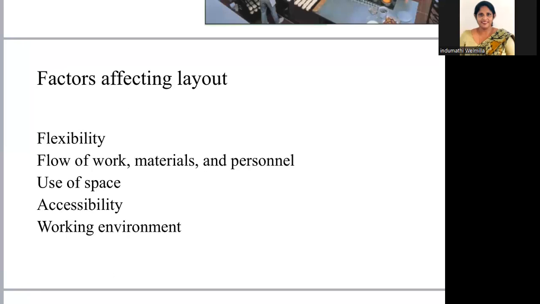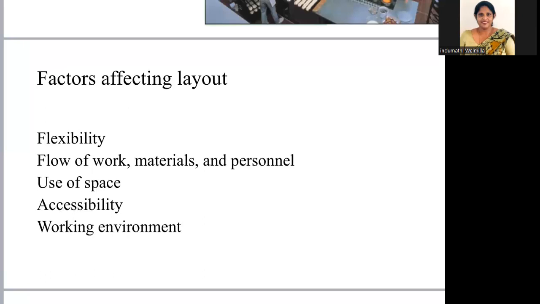Anyway, in a service organization, the service flow should be correctly planned so that it is easily understood. So there should be a clear entry and exit point with adequate checkout facilities.